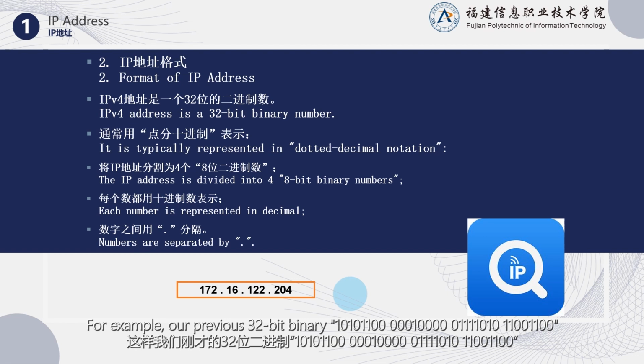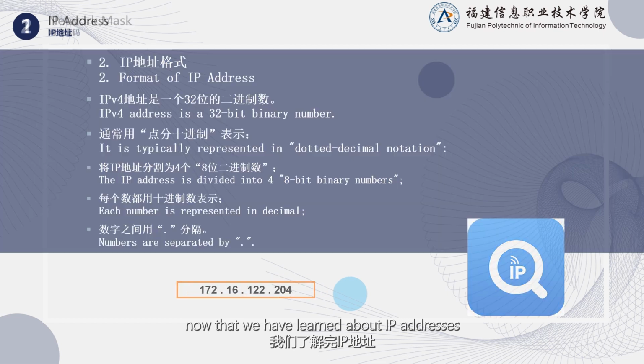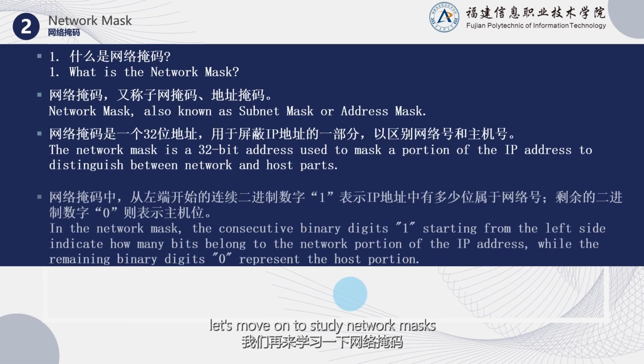For example, our previous 32-bit binary number 10101100 00010000 01111010 11001100 becomes the IPv4 address 172.16.122.204.